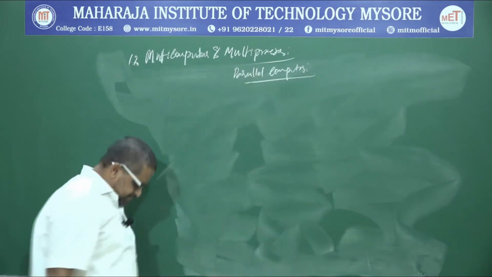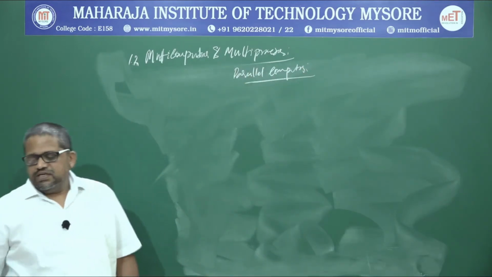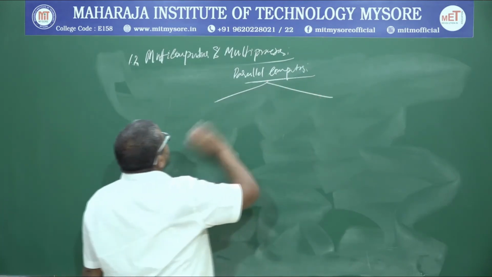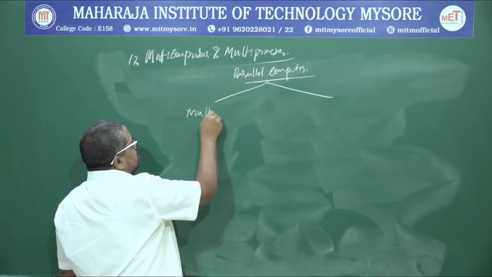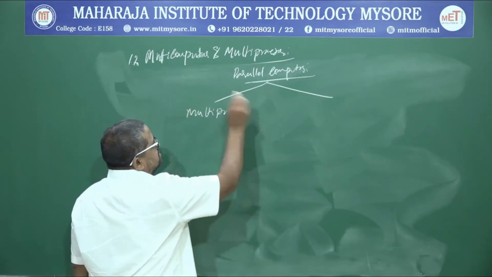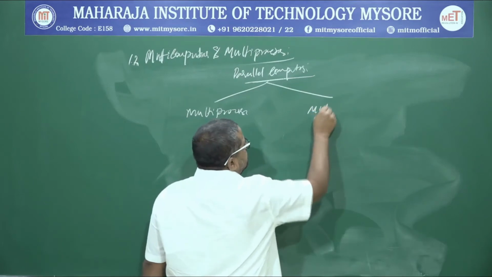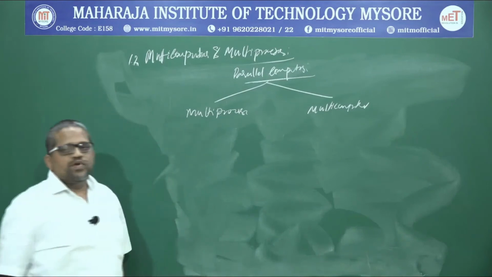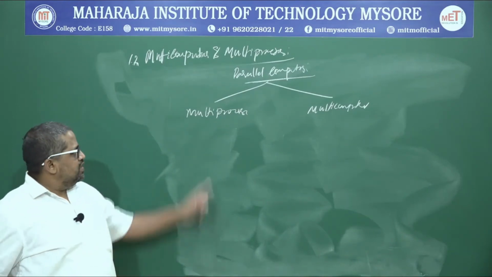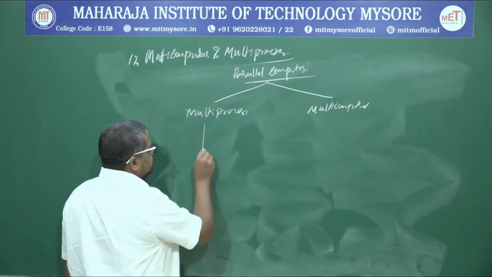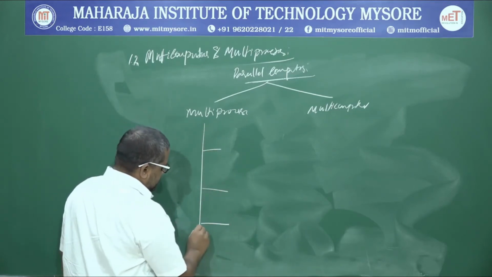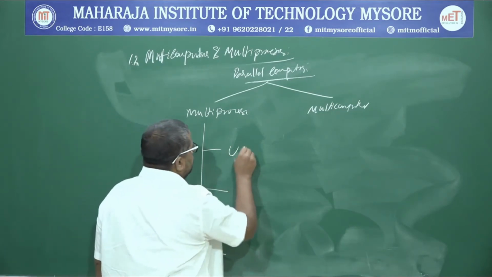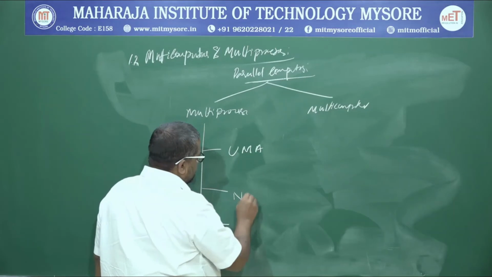So, parallel computers. As I said, it is basically divided into 2, whatever we have discussed earlier: multiprocessor and multi-computer. Under multiprocessors again there are 1, 2, 3 and a mention of a 4th one.